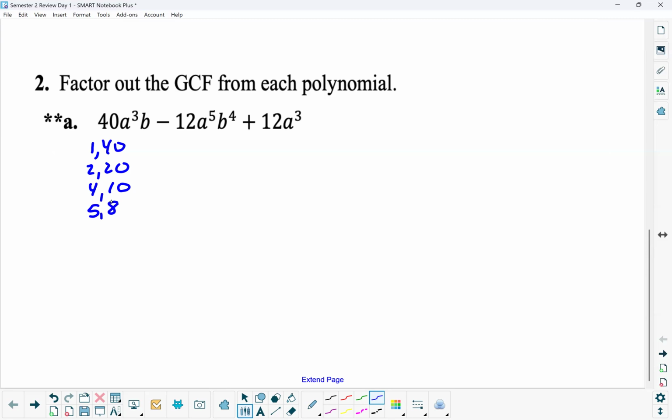So there are the factor pairs for 40. For 12, 1 and 12, 2 and 6, 3 and 4. And for the other 12, 1 and 12, 2 and 6, 3 and 4. So the largest number that is in all three factor pairs, in this case, is 4.